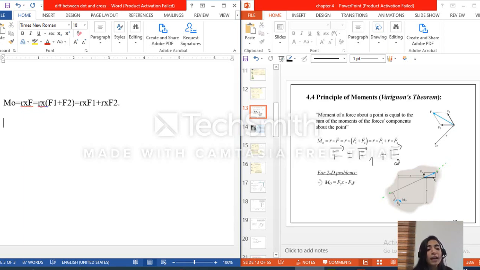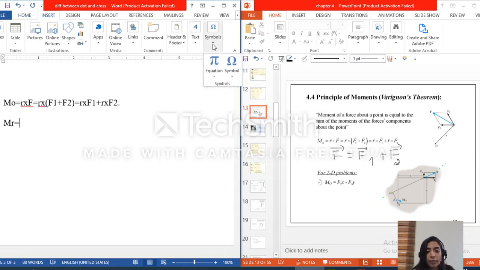Now here you can say that I already know this rule because I know that M resultant is equal to the sum of all the moments in vector form. And I know that each moment is equal to the sum of R cross Fi.